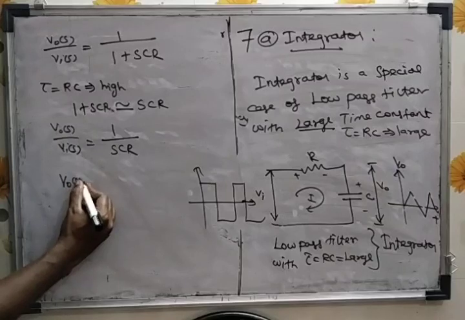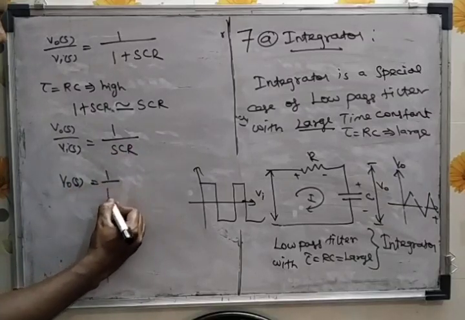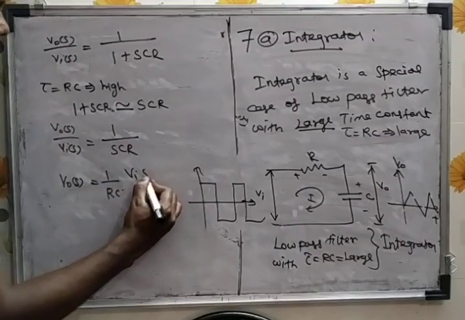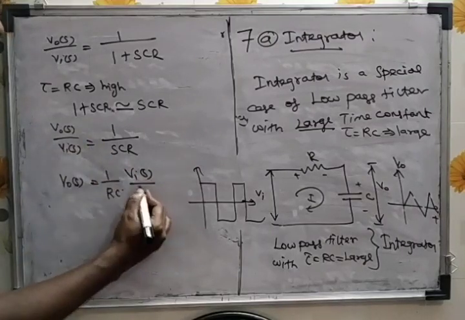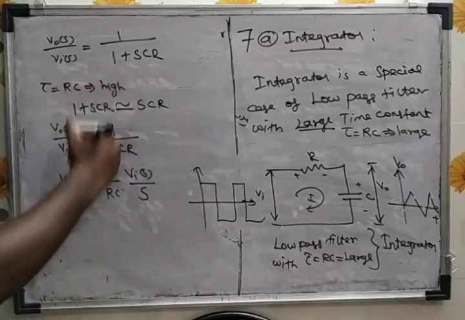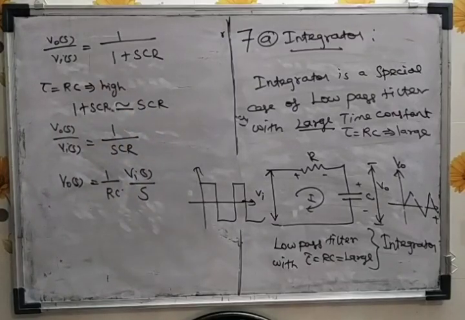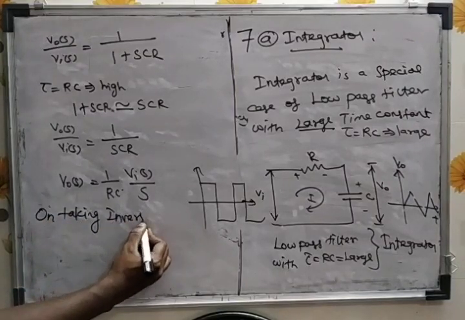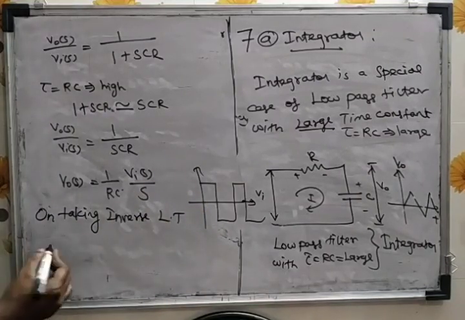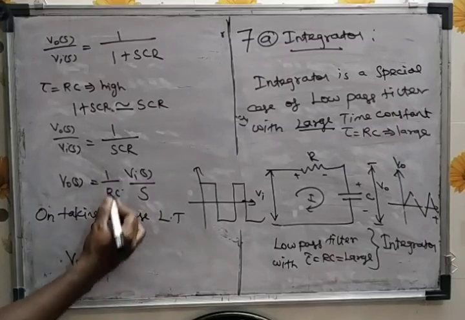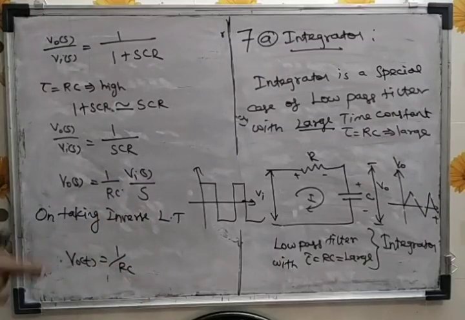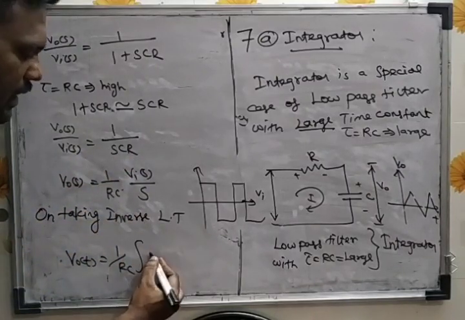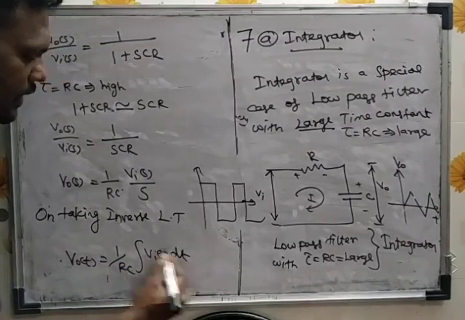V0 of S equals 1 by RC times VI of S by S. On taking the inverse Laplace transform, V0 of t equals 1 by RC times the integral of VI of t dt.